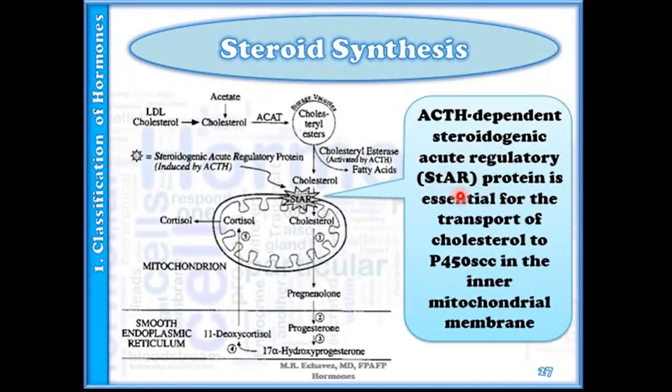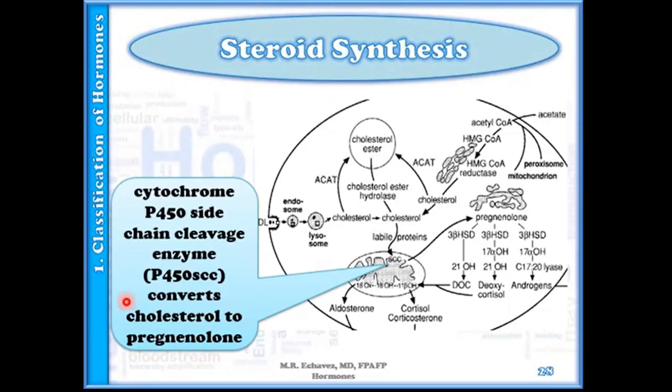This one will transport your cholesterol inside the inner mitochondrial membrane to meet this very important enzyme. The cytochrome P450 side chain cleavage enzyme will cleave 6 carbons, so that the 27 carbon cholesterol becomes the 21 carbon pregnenolone.